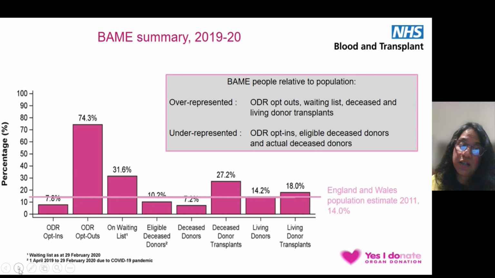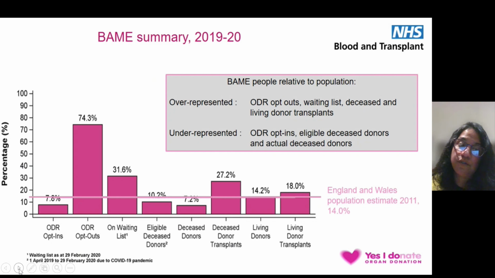But there is a discrepancy, with a third of patients on the waiting list being from Black and ethnic minorities, but actually only 7% of deceased donors being from Black and ethnic minorities. So Black and ethnic minority communities are overrepresented in ODR opt-outs, the waiting list, and deceased transplants, but are underrepresented in ODR opt-ins and eligible deceased donors.